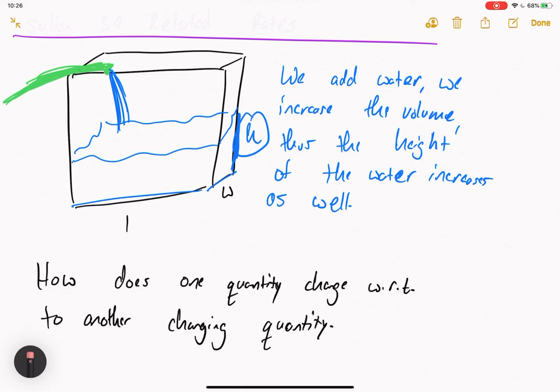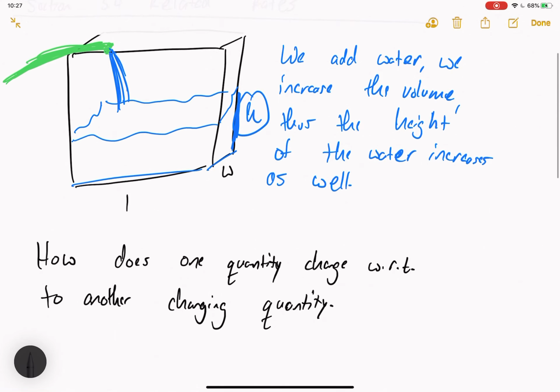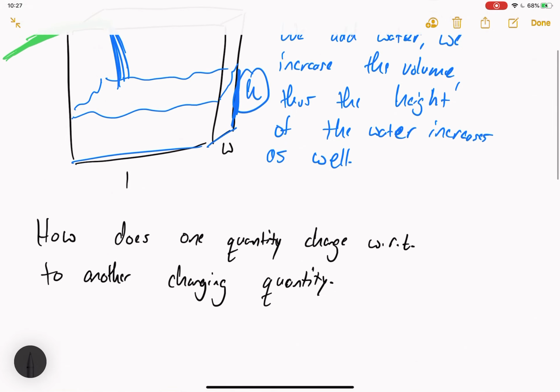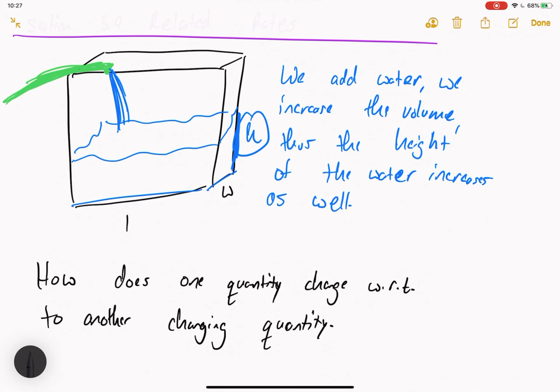We could take a bucket, or an empty gallon of milk, pour some water in at full blast, and measure how long it takes to fill up that gallon. If we know how many gallons of water, and we know the length and the width, that's not very hard information to find. Even if you don't know, you could pull out a tape measure and figure that out.